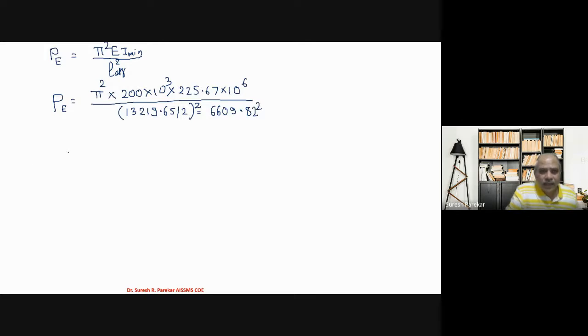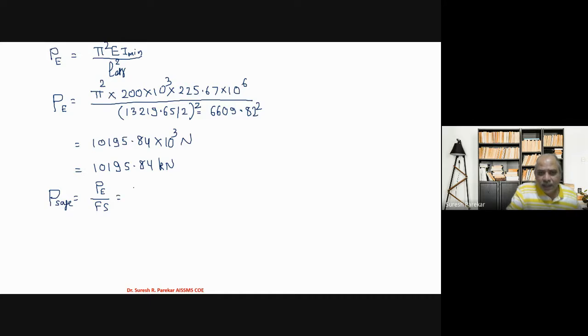And from this we will get the value of PE, that is equal to 10195.84 into 10 raised to 3 newtons, and that is equal to 10195.84 kilonewton. And we have P safe equal to PE divided by factor of safety.